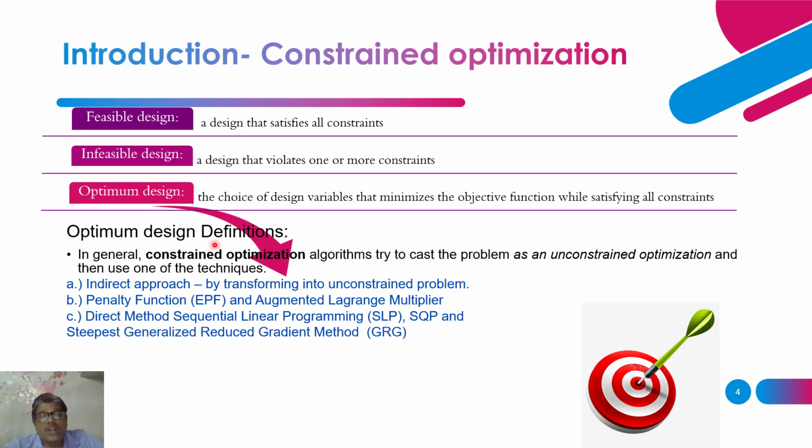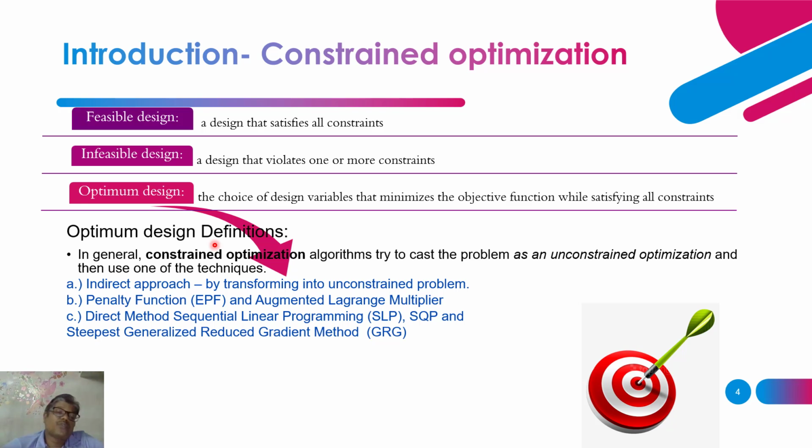In the second method, multipliers are used, that is, penalty functions or augmented Lagrangian multipliers. And the third method is called the direct method. Maybe a sequential linear programming approach is used, or SQP, or generalized reduced gradient methods. There are many methods available.